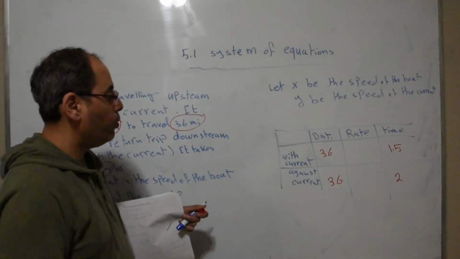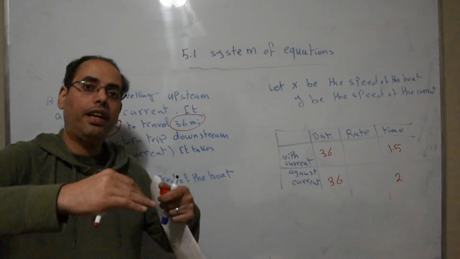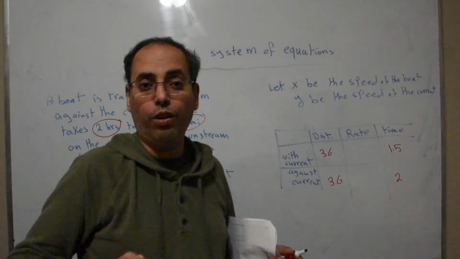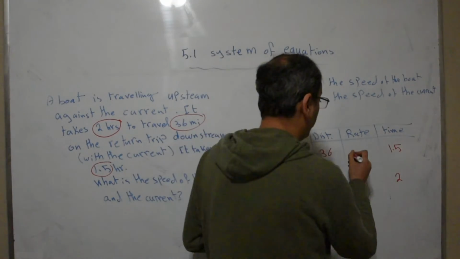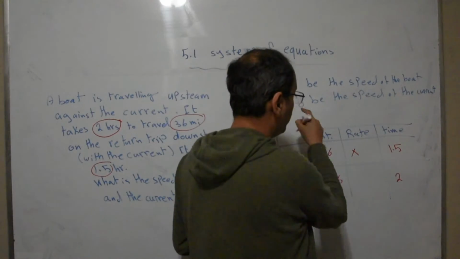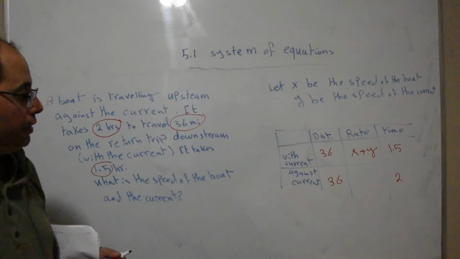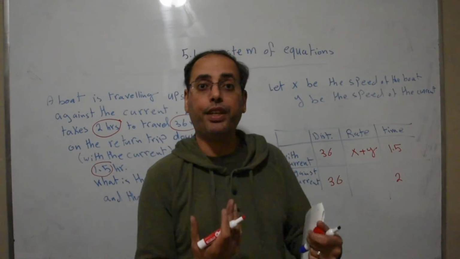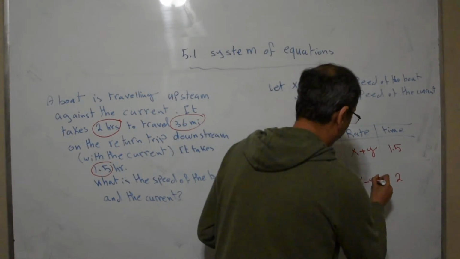So when you go with the current, your speed is added. The boat speed is added to the speed of the current. So for with current, there must be the rate of the boat plus the rate of the current. But when you are against the current, you subtract the speed of the current from the boat speed. So that would be x minus y.